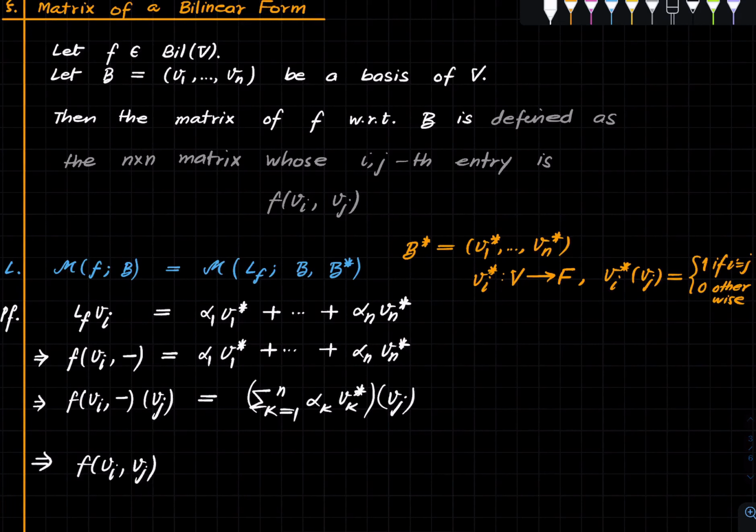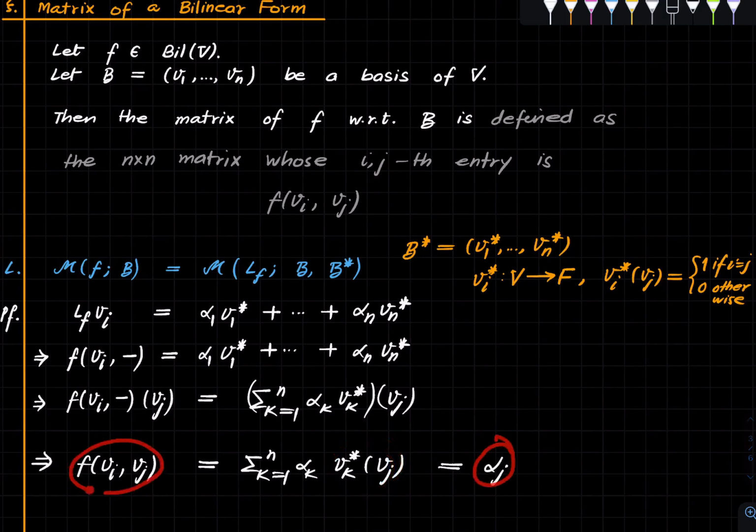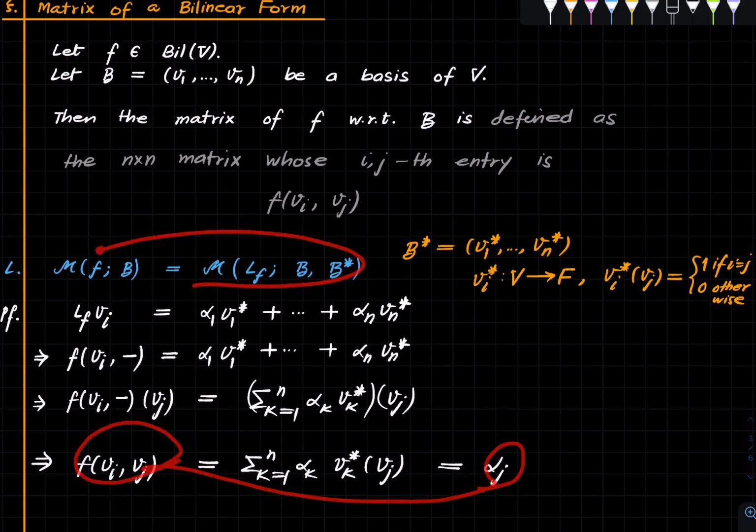By definition, this is the left side is what I wrote, and the right side is that which is equal to alpha j, because only the jth term here survives. So indeed alpha j is that, and this is what we wanted to show, because alpha j is the ijth entry of this guy, right? That's by definition of this matrix. So alpha j is equal to that, and hence this equation holds.